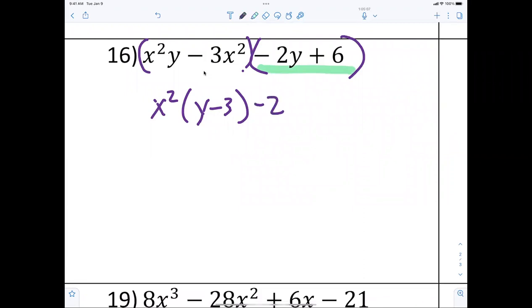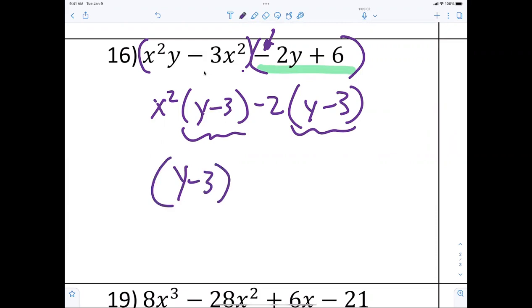It's -2 because this right here is negative. We factor out the negative. And then what's left? Y minus what? 3. It's always going to be the same as this one over here. So now my final answer is Y minus 3, X squared minus 2.